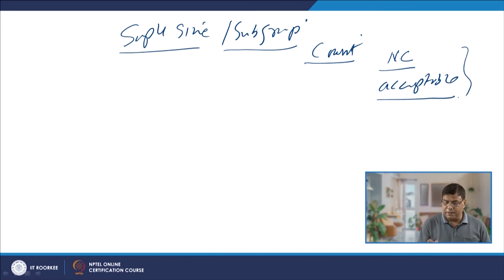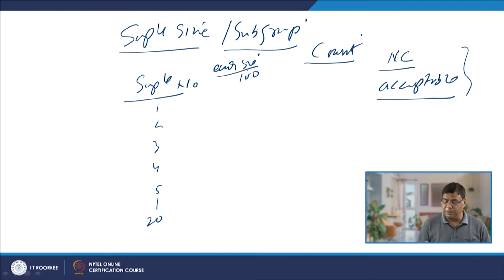Say we have selected 20 samples, numbered 1, 2, 3, 4, 5 and so on, and each sample size is 100 units, and then we try to find out the number of NC items.